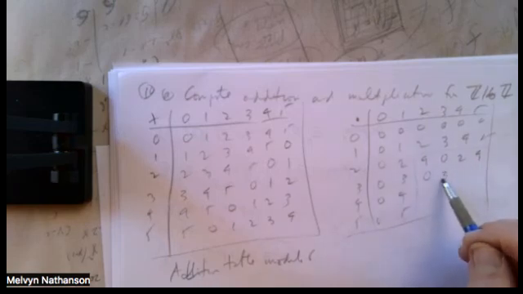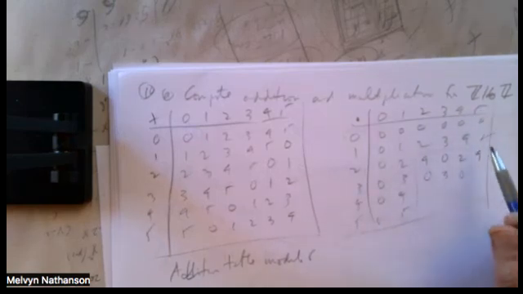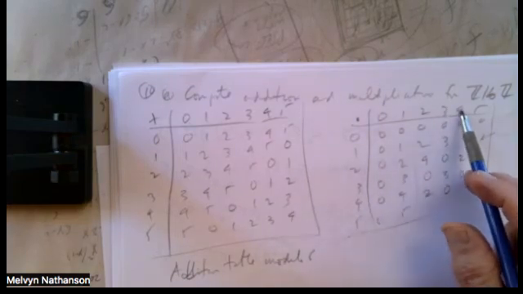3 times 2 is 6, which is 0. 3 times 3 is 9, which is 3. 3 times 4 is 12, which is 0. 3 times 5 is 15, which is 3 mod 6. 4 times 2 is 8, which is 2 mod 6. 4 times 3 is 12, which is 0. 4 times 4 is 16, which is 4 mod 6.